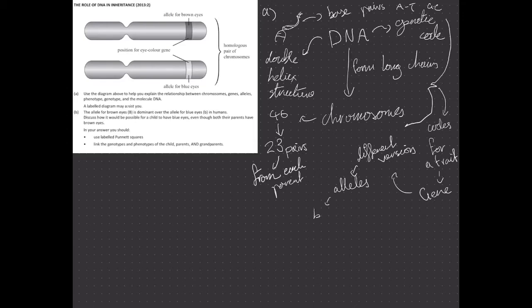We could have brown eyes or blue eyes, like they have in the question. Okay, so we have these coded sections of DNA that code for a trait, which are our genes. We can have different versions of those genes, which we call alleles. Okay, example, brown eyes and blue eyes. Now, these can be dominant or recessive and are denoted with a capital or a lowercase.